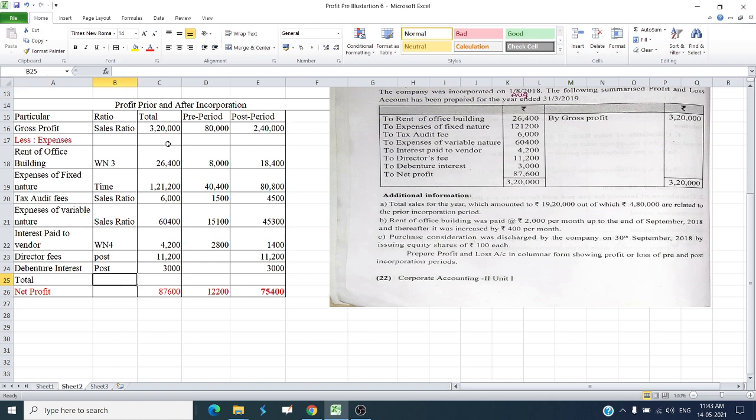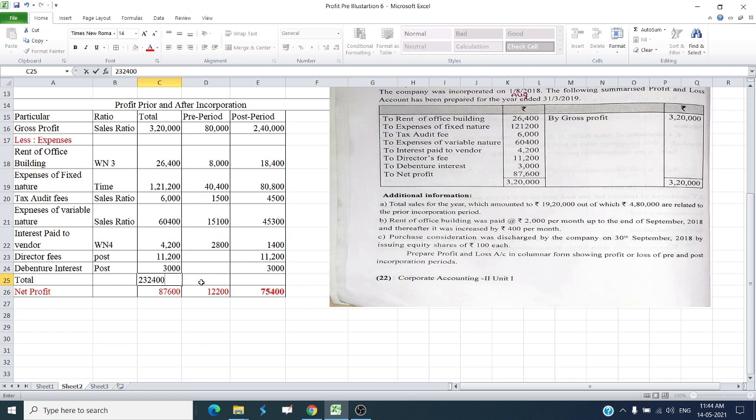Now make the total. First make this total, that is 26,400, 1,21,200, 6,000, 60,400, 4,200, 11,200, and 3,000. If we add all this, it will come 2,32,400.